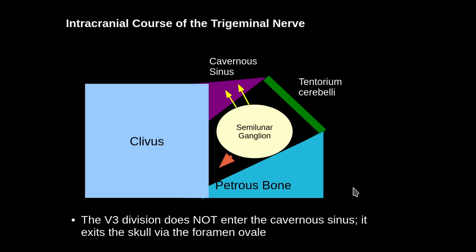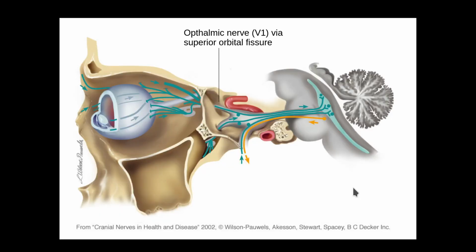I hope that makes it easier to remember. Right? This picture also makes it easier to remember. The targets tell you where they will penetrate. So superior orbital fissure, foramen rotundum towards the cheeks, or the foramen ovale here to go down towards the mandible.